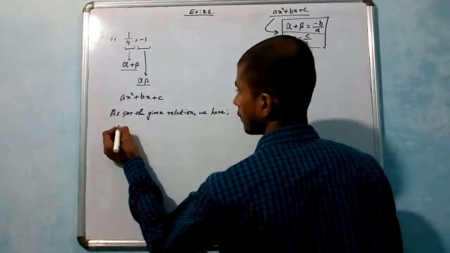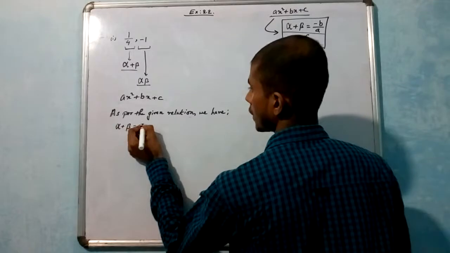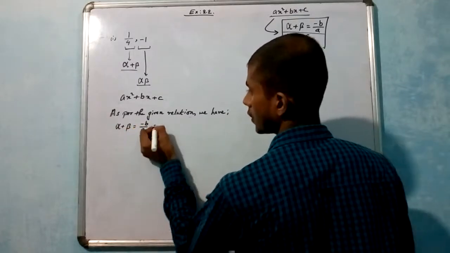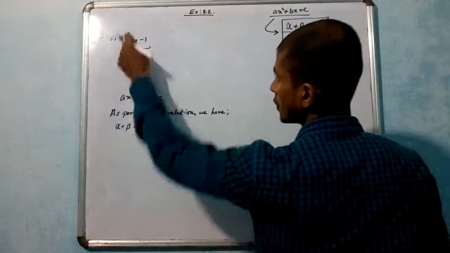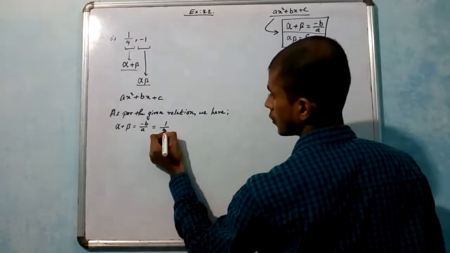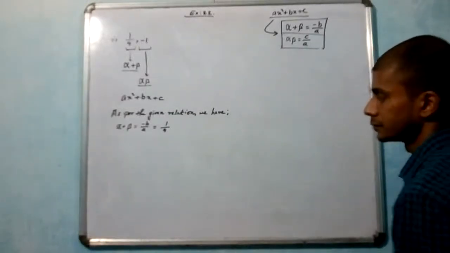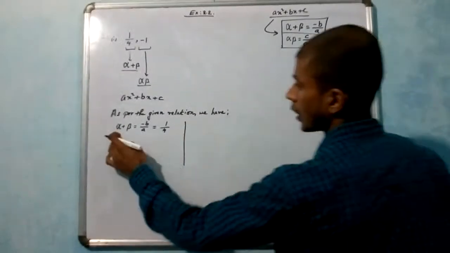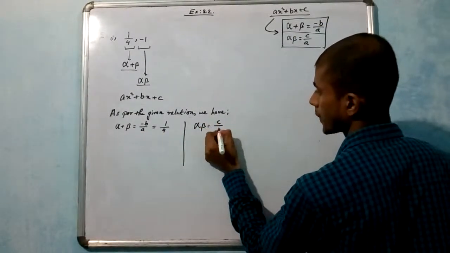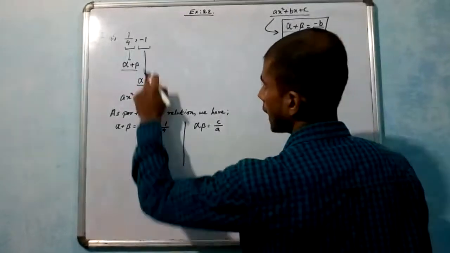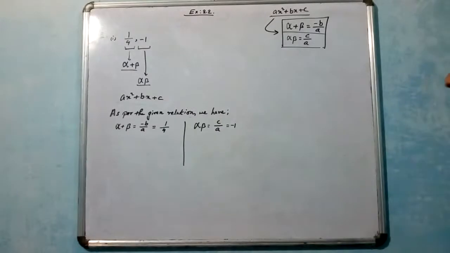Alpha plus beta is equal to minus b by a. Okay, this relation we know, isn't it? And alpha plus beta is given how much? 1 by 4. Fine, written. Second, alpha into beta is equal to c by a. Okay, and it is given how much? -1. Fine.